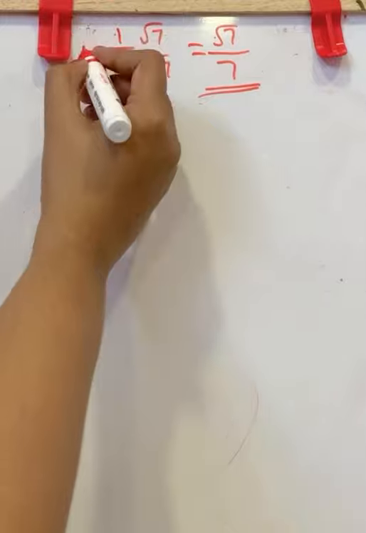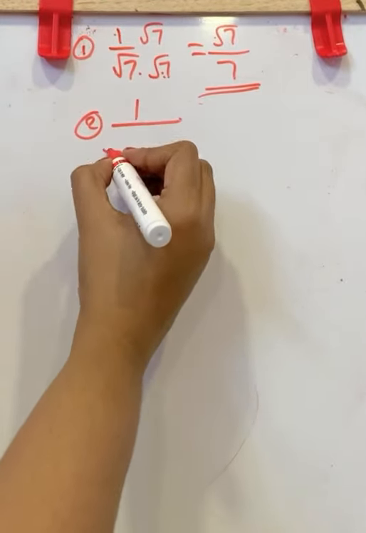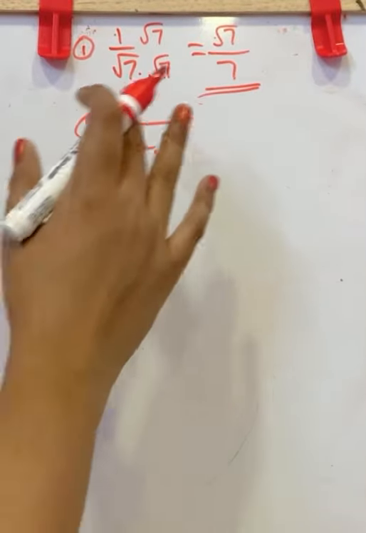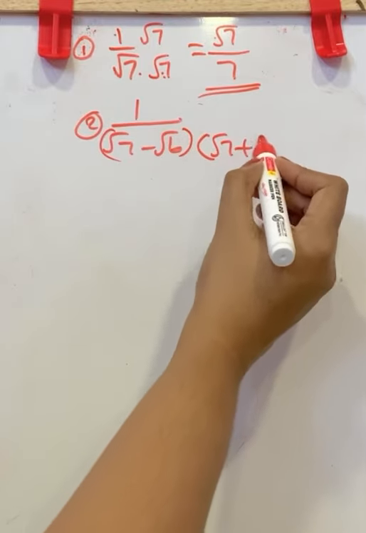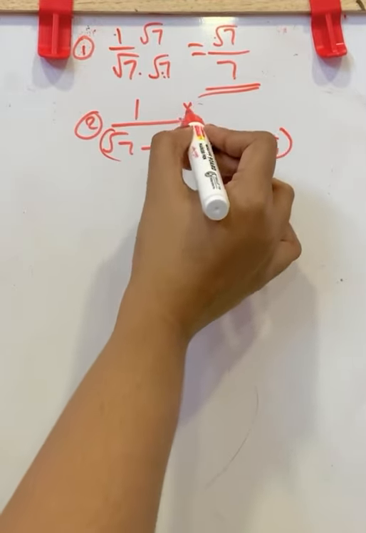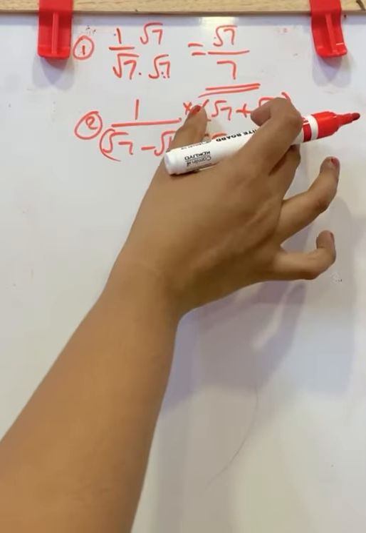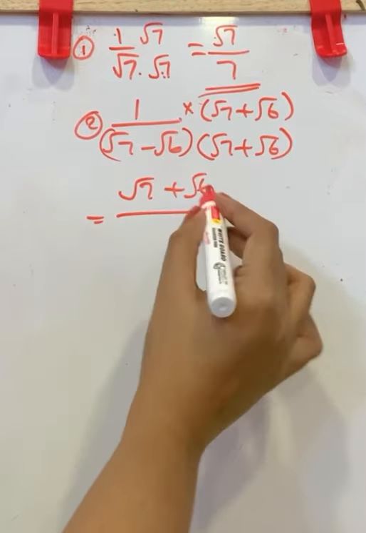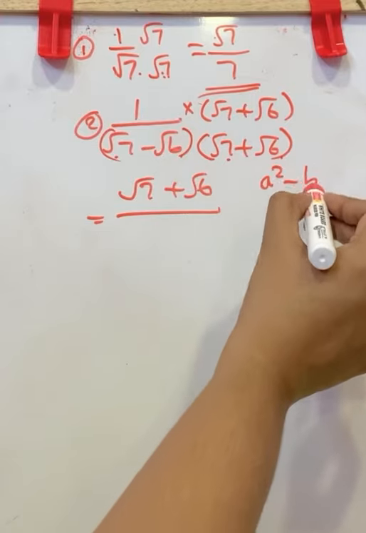Now next question. Second one is 1 by (root 7 minus root 6). Here to rationalize, you have to multiply with the conjugate of the denominator, that is root 7 plus root 6. So multiply by root 7 plus root 6 on top and bottom. Root 7 plus root 6 into 1 is root 7 plus root 6, by (a minus b) into (a plus b), that is a square minus b square.